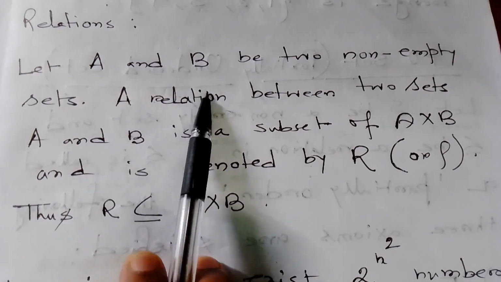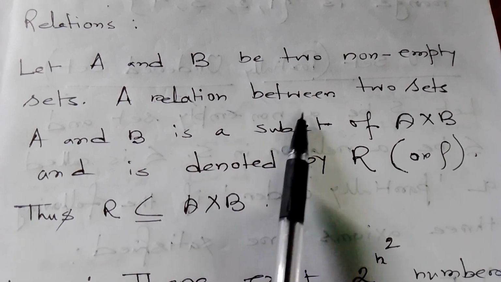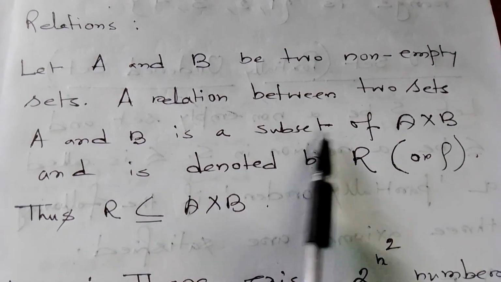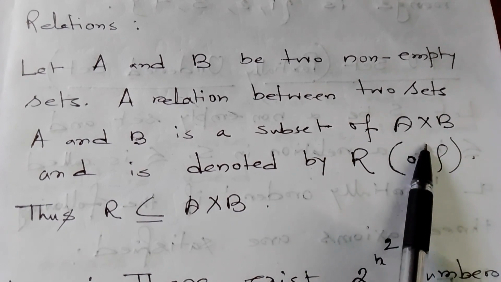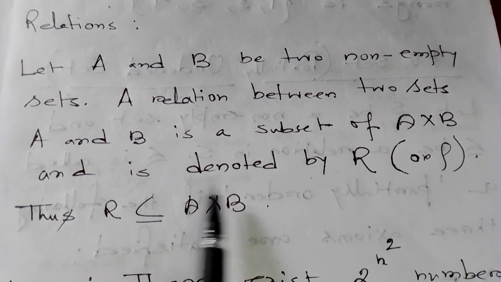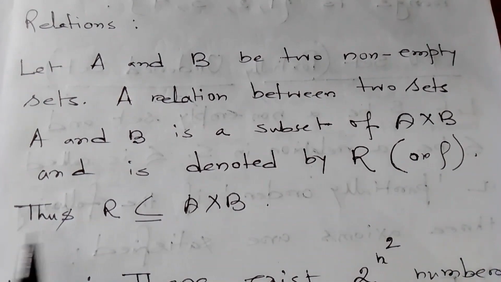Let A and B be two non-empty sets. A relation between two sets A and B is a subset of A times B and is denoted by R or rho.